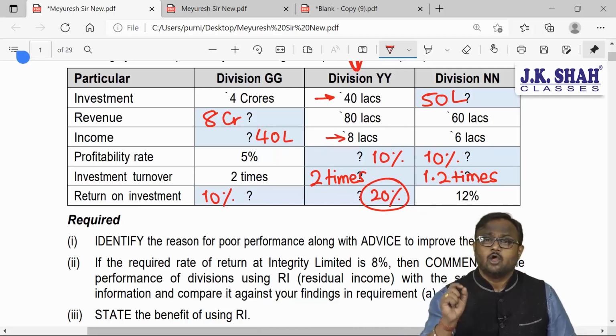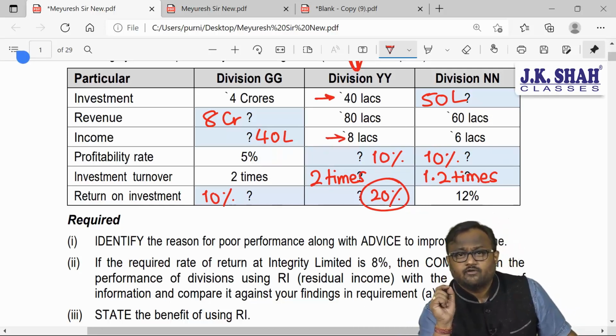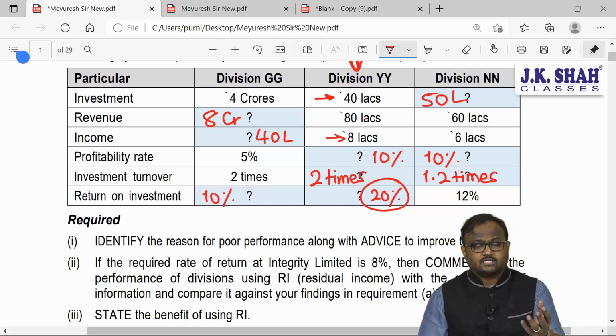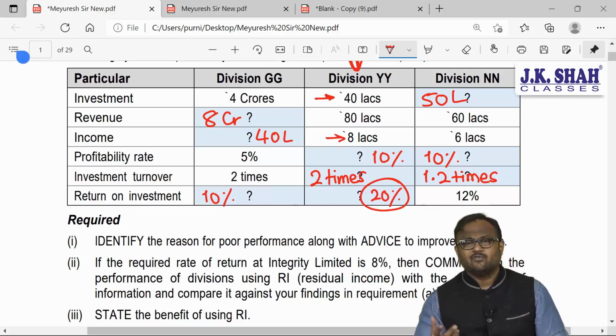Trim your investment means, again, unproductive investment or undue investment or unwanted investment should be removed. If things can be managed through 15,000 square feet factory, there is no need to go for 30,000 square feet factory. If things can be managed through lesser capital employed, you need not invest more capital employed. Why are you blocking your funds?